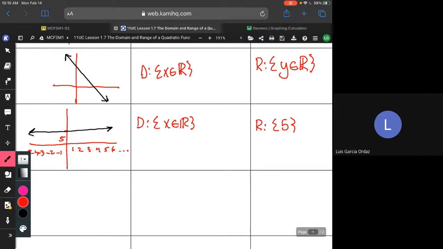So the next one, now you guys can do that process of elimination. x is equal to -2. What kind of line is that? Vertical.